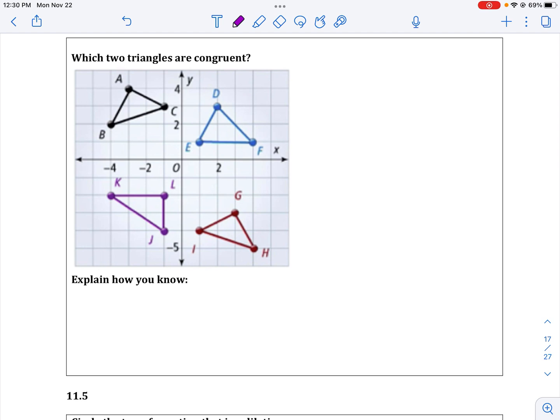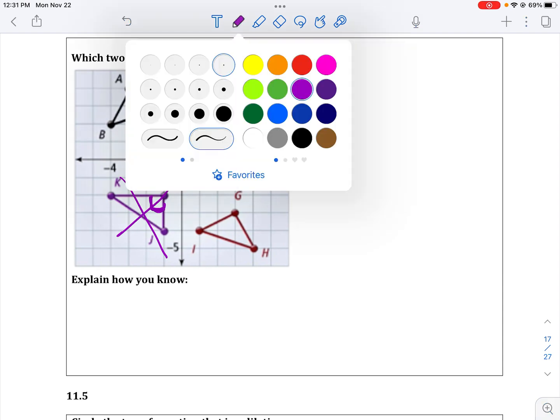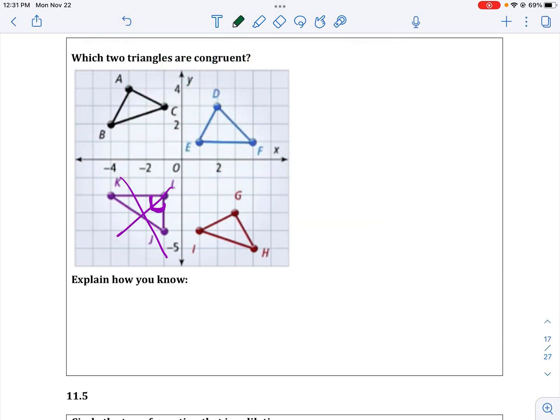So here, which two triangles are congruent? Well, the one that sticks out to me is triangle JKL here with that big 90-degree angle. I do not see any other ones with a strong 90-degree angle like that, so I'm just going to cross that one out right away. Now again, I'm going to use my Pythagorean theorem. I'm going to make a triangle from A to B. So typically these go in order, so triangle ABC.